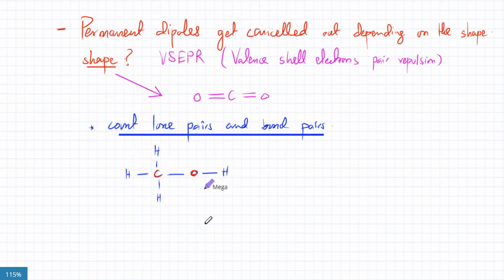But the thing is, lone pairs are never shown. Lone pairs are basically your electrons in the outer shell that are not involved in bonding, or orbitals in the outer shell that are not involved in bonding.